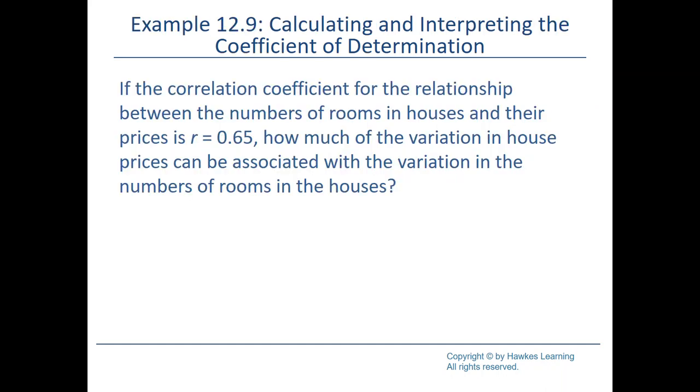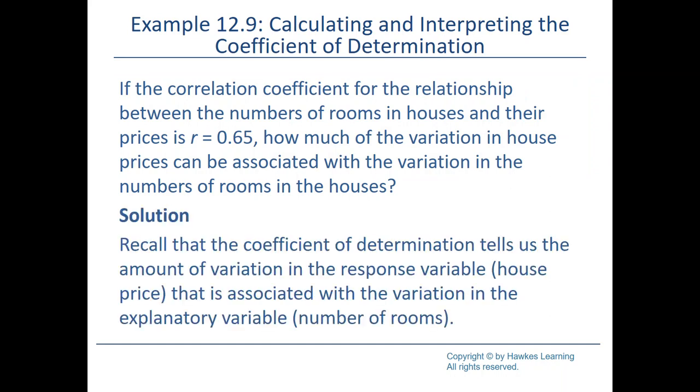Say you're looking at a correlation coefficient for the relationship between the number of rooms in a house and their prices, and you get R equals 0.65. How much of the variations in the house prices can actually be associated with the variations in the number of rooms in a house? Well, I started off by saying that the coefficient of determination will tell us the amount of variations in the response variable.